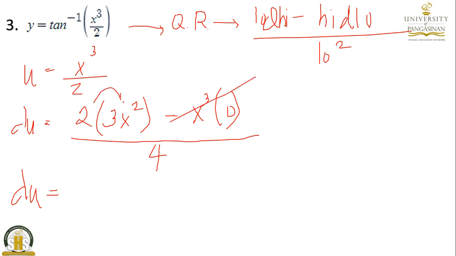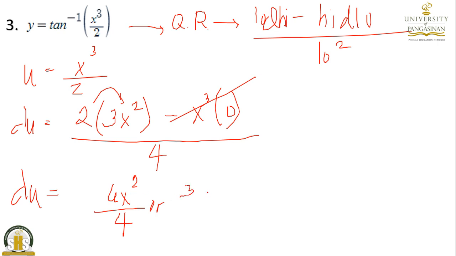Ito naman, pwede nyo siyang i-distribute, no? So, magiging 6x squared all over 4. Possible po na masimplify pa po yan, whole number to whole number. Yung 6 and 4, they are divisible by 2.